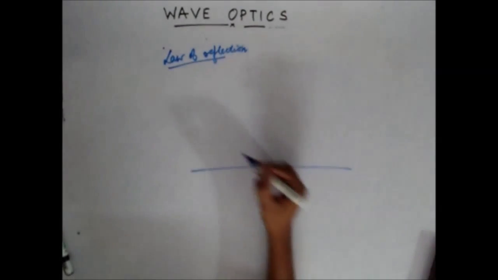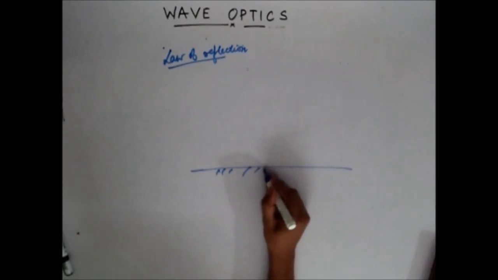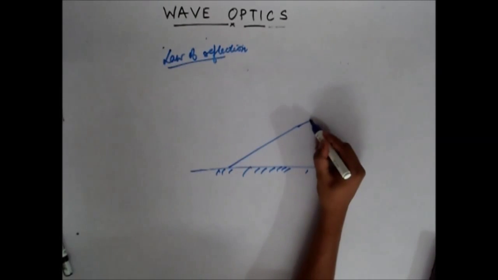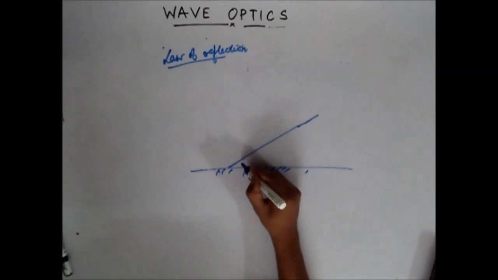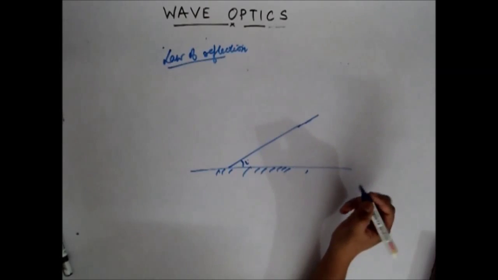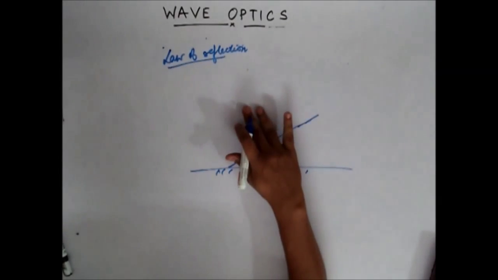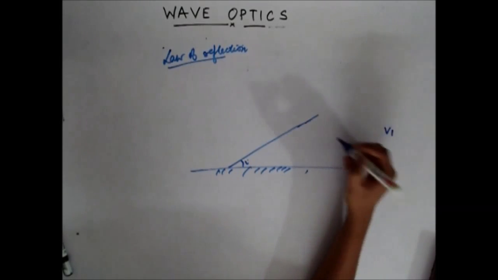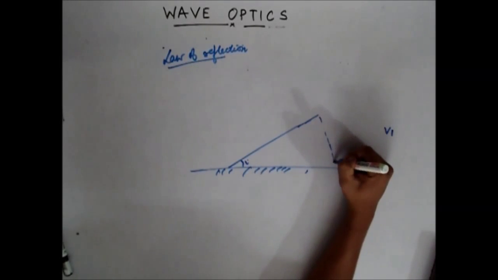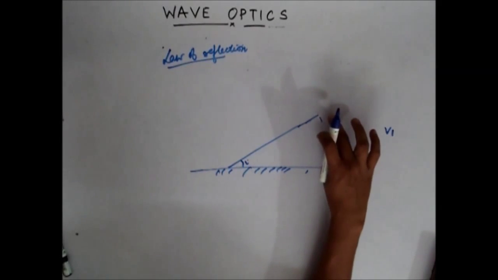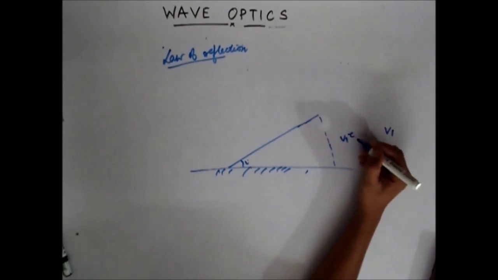Let's say this is the surface, maybe a mirror, and let's say this is the incident wavefront at an angle I. Let's assume that the wavefront in this medium has a velocity v1. So this distance is what? This distance is v1 tau, where tau is the time taken to cover this distance.